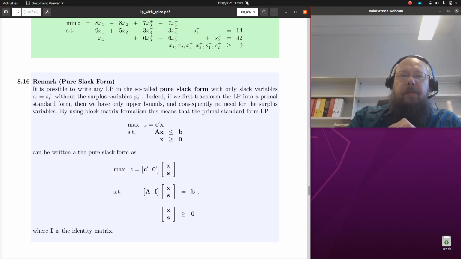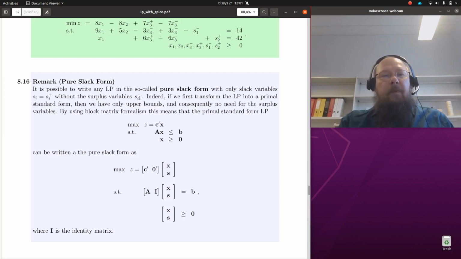So there are no surplus variables at all. And formally, if I start with this kind of LP, a simple human pattern recognition by now should tell you that this is a standard LP form. So how do I write this in slack form?